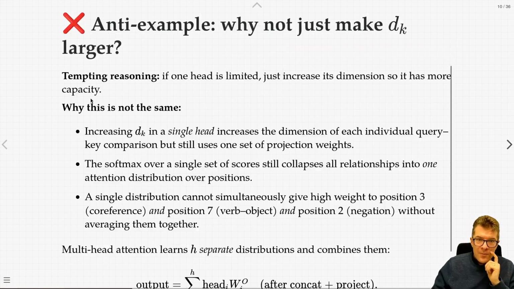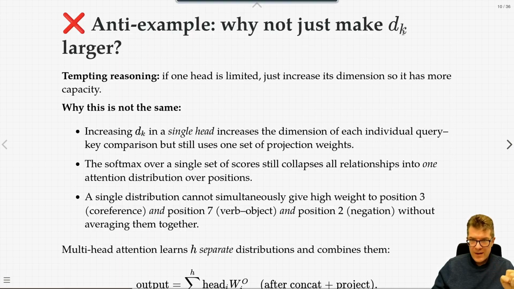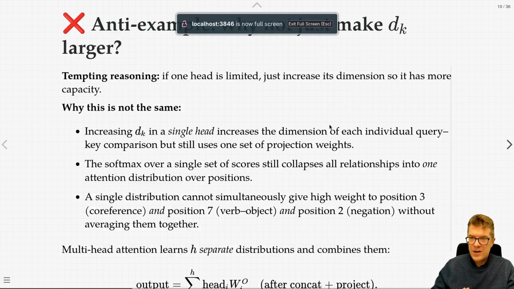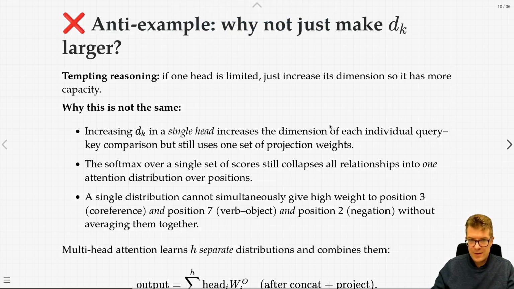So here's an anti-example. Why not just make d sub k larger? That's our dimensionality of the key vector. The idea is this: if one head is limited, and if it can't learn the variety of relationships that multi-head attention can learn, why have all this extra complexity? Why not just make d sub k bigger so that it has more capacity?